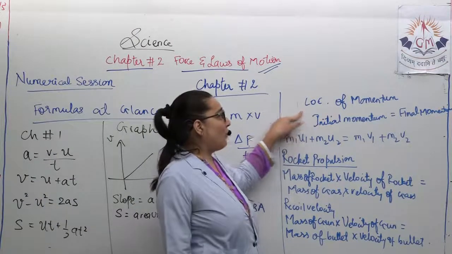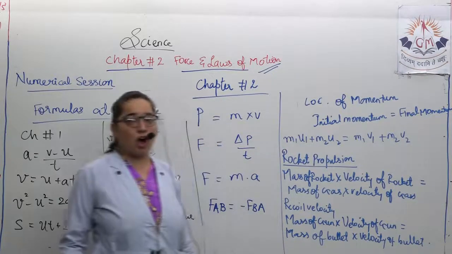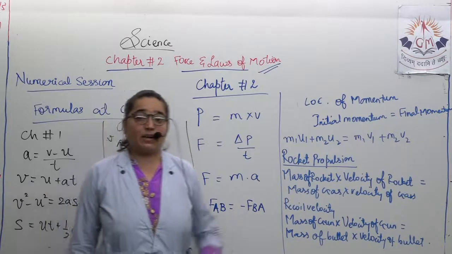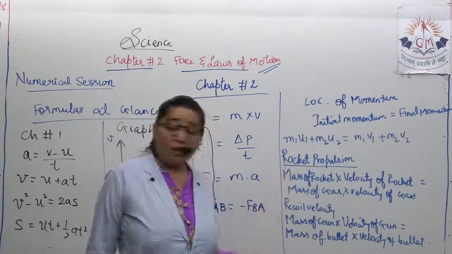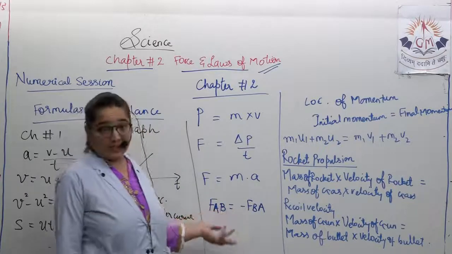Then comes the law of conservation of momentum. That is, the initial momentum of the object is equal to the final momentum of the object. That was when we derived the whole law in our last lecture, where we concluded the lesson.